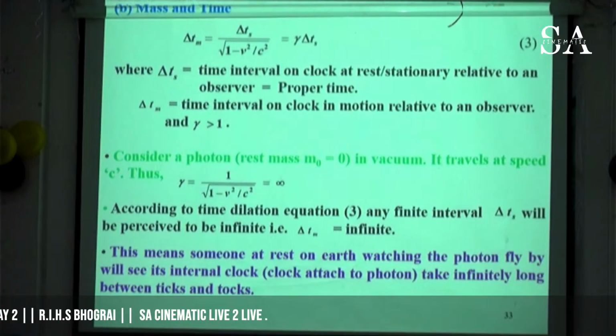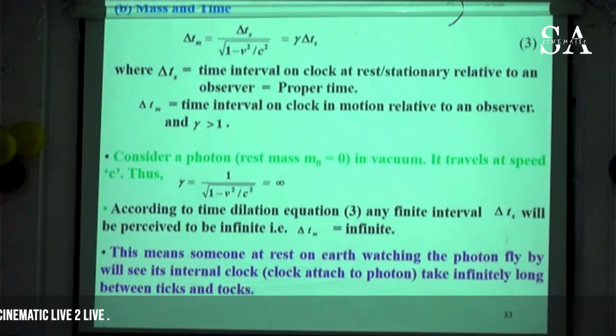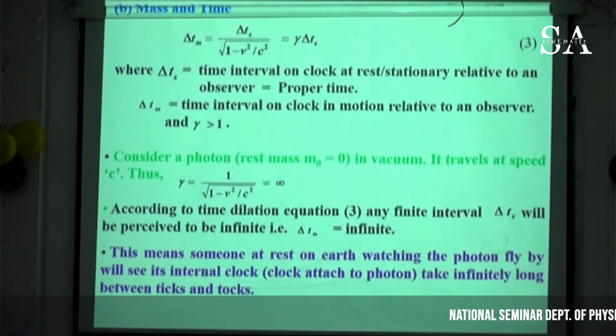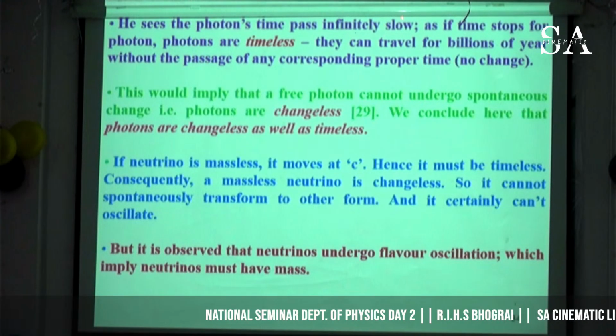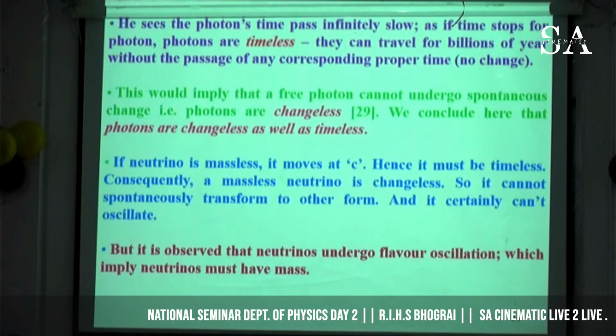This means someone at rest on the earth watching the photon fly by sees its internal clock take infinitely long between ticks. What is the meaning? The photon's time passes infinitely slowly, as if time stops for the photon.